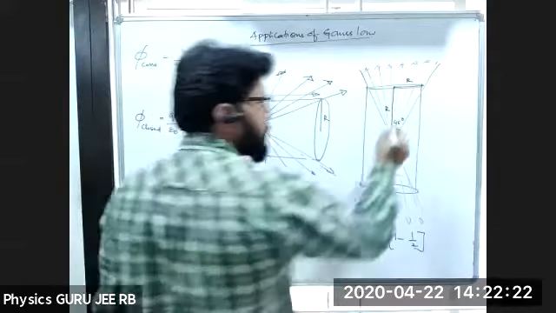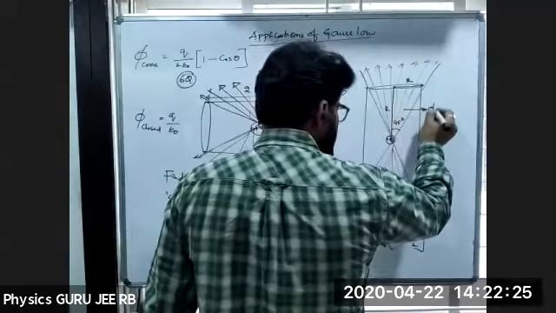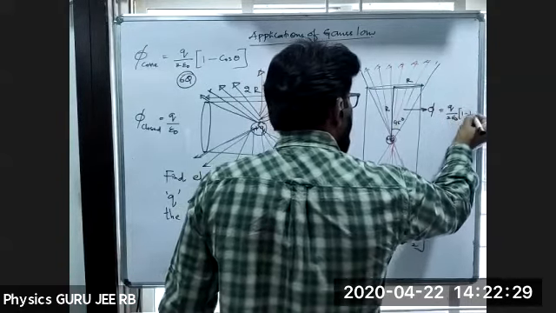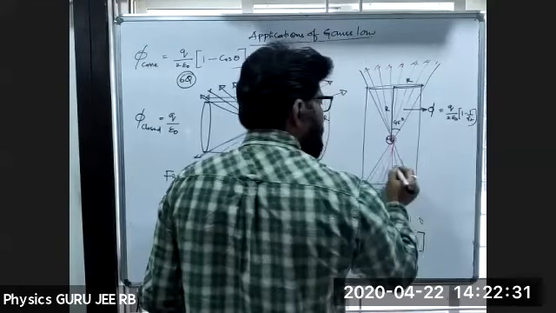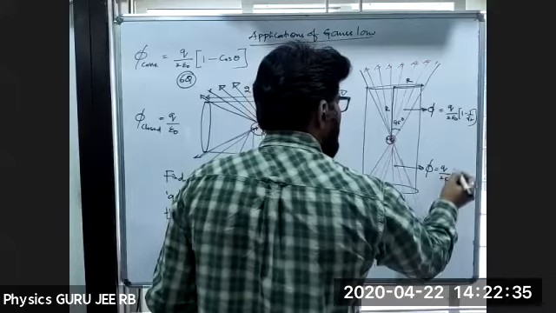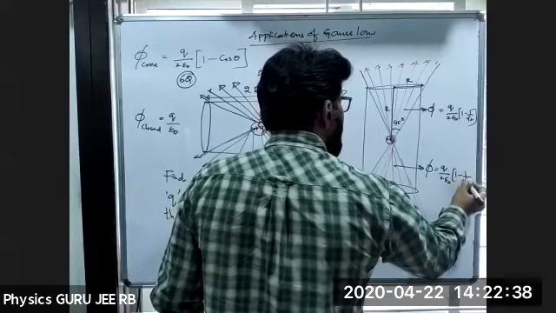So upper part and lower part, 2 cones are there. The first cone flux is Q by 2 epsilon naught into 1 minus 1 by root 2. The lower part, again phi is equal to Q by 2 epsilon naught into 1 minus 1 by root 2.